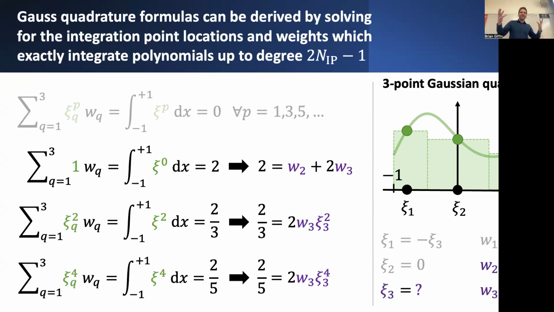Well, ultimately, the way that you can come up with these formulas is by insisting that if I come up with some particular integration formula, let's say, in this example, we're looking to derive that 3-point Gaussian integration formula, I can pose this as an optimization problem or a constrained problem where the unknowns of this problem are precisely the yet to be set positions of the integration points and the corresponding widths of the integration intervals, the integration weights.